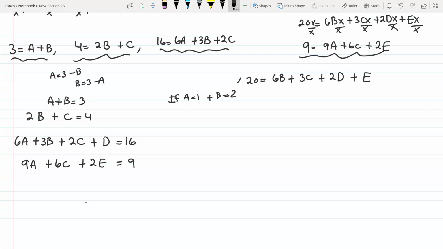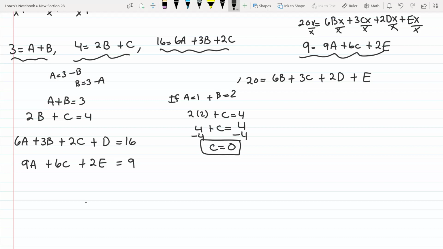I think I could solve for c now, because that would be 2 times 2 plus c equals 4. So that's 4 plus c equals 4, and then solve for c, so c equals 0.